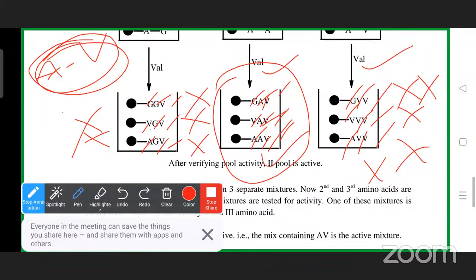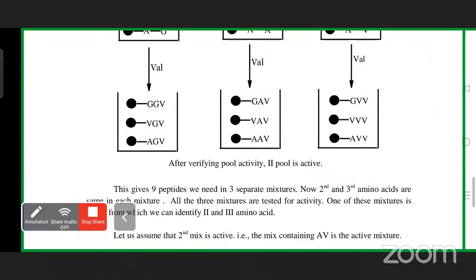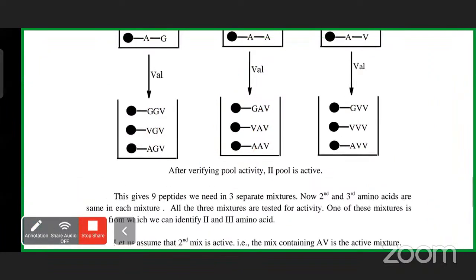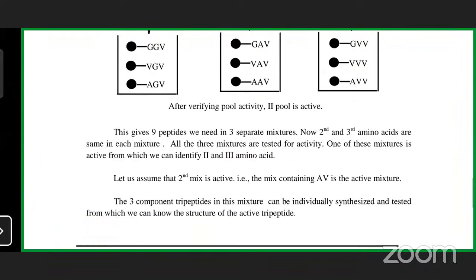Now we have identified the second reaction vessel. Simply take the second reaction vessel and perform the colorimetric reactions, the ninhydrin reaction, the color test or the chromatographic test. It is easy.